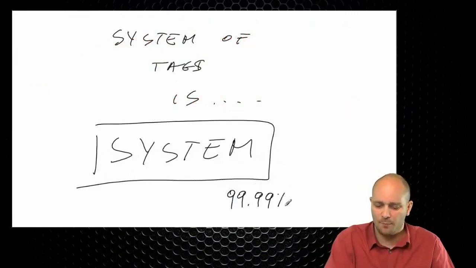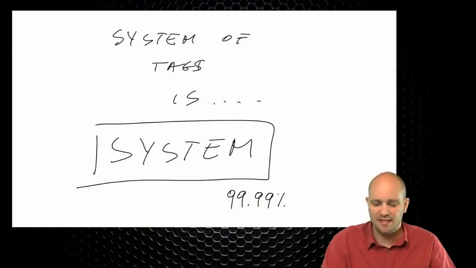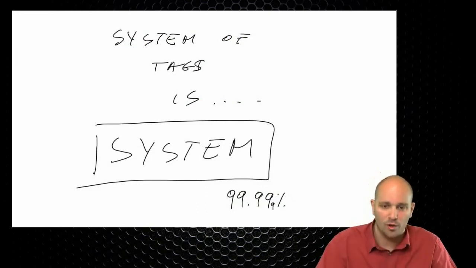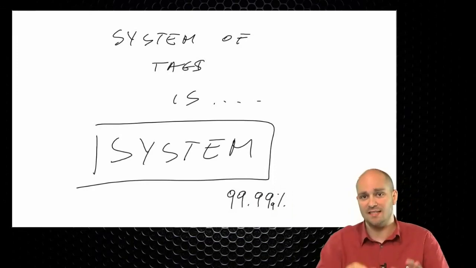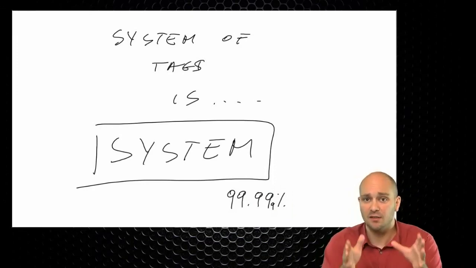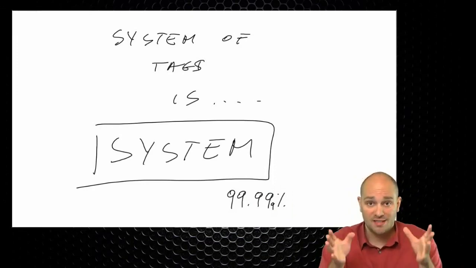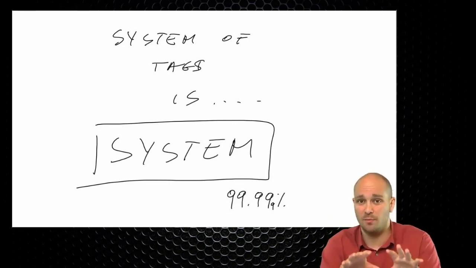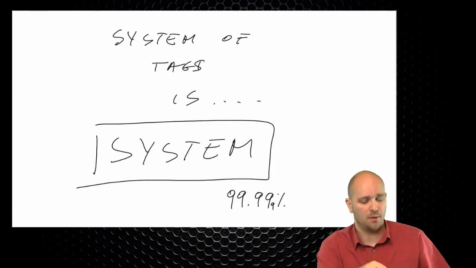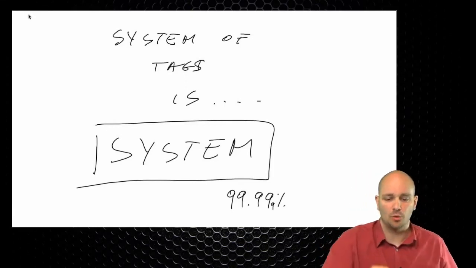I would say that about 99.99, maybe even one more 9 here, % of the cases, this will prevent the loops. Now, there are some loops that cannot actually be stopped by this system. So I'm going to give you one example now. So this is where tags don't work.